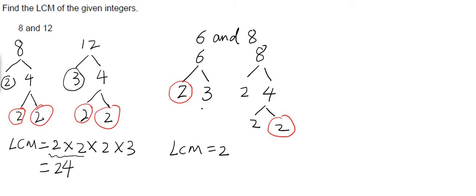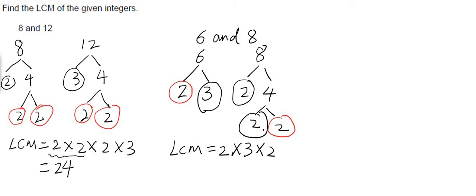And we have the other three factors: here's a 3, here's 2, here's 2. And the final result is 2 times 3, 6. 6 times 4, oh, 24 again, right?